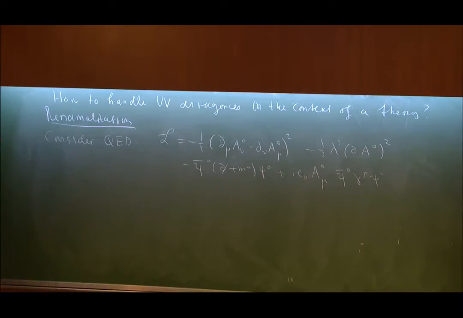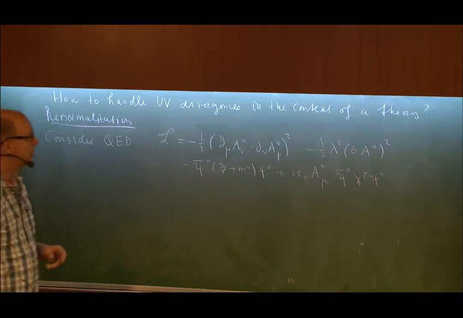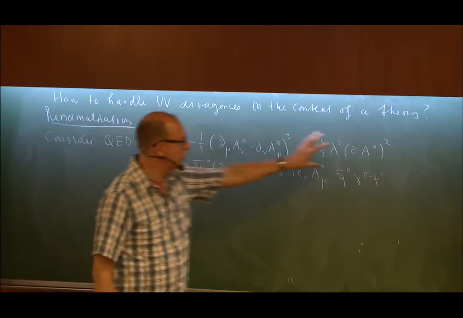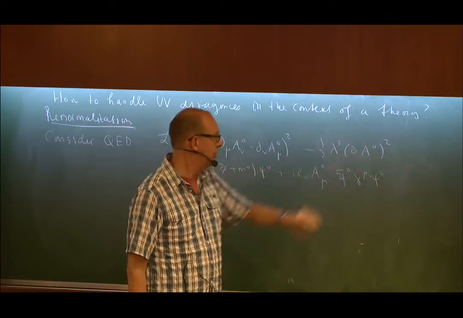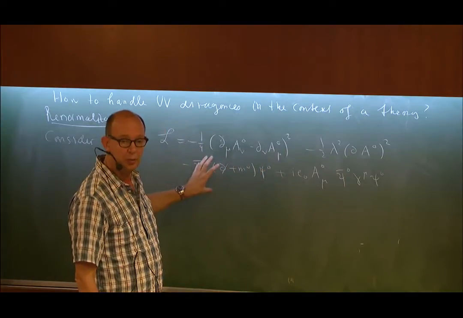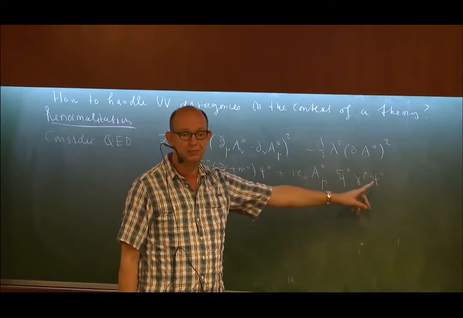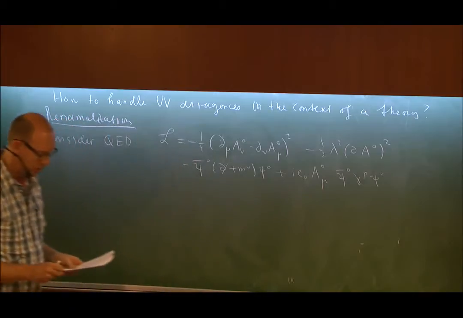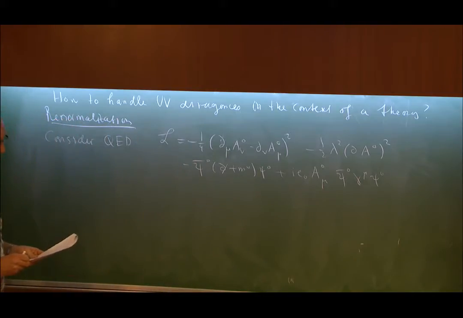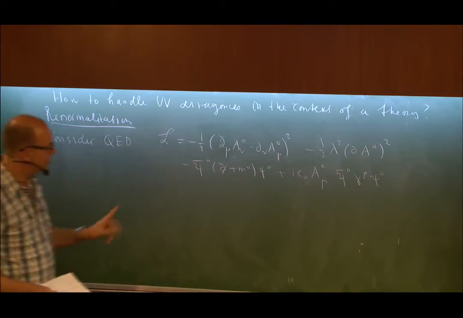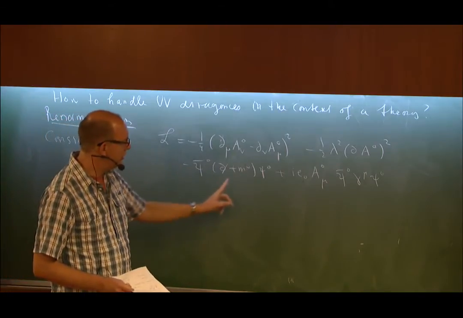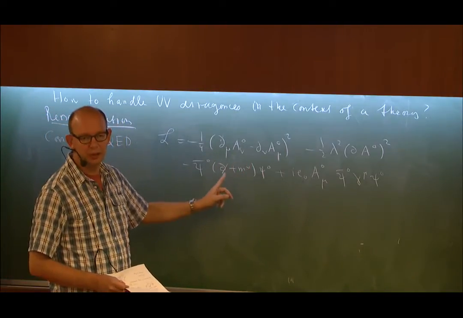You also remember that if you derive Feynman rules from this, the quadratic terms become propagators. That is, this and this define the photon propagator. This will define the fermion propagator, and this is the interaction. Now, you can in some sense think of this bit as the inverse propagator.